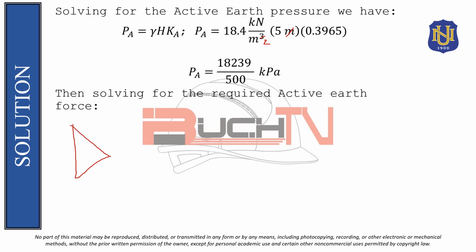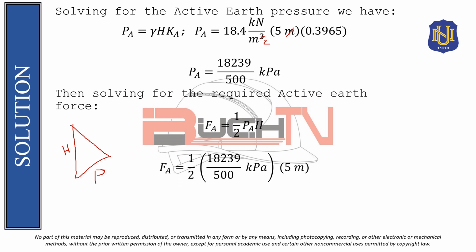For ito is, kung ito yung H, meron siyang P na nandito. So, that is 1 half P sub A times H. So, substituting the values, so we have 1 half times 18,239 over 500 kilopascal times 5 meters.